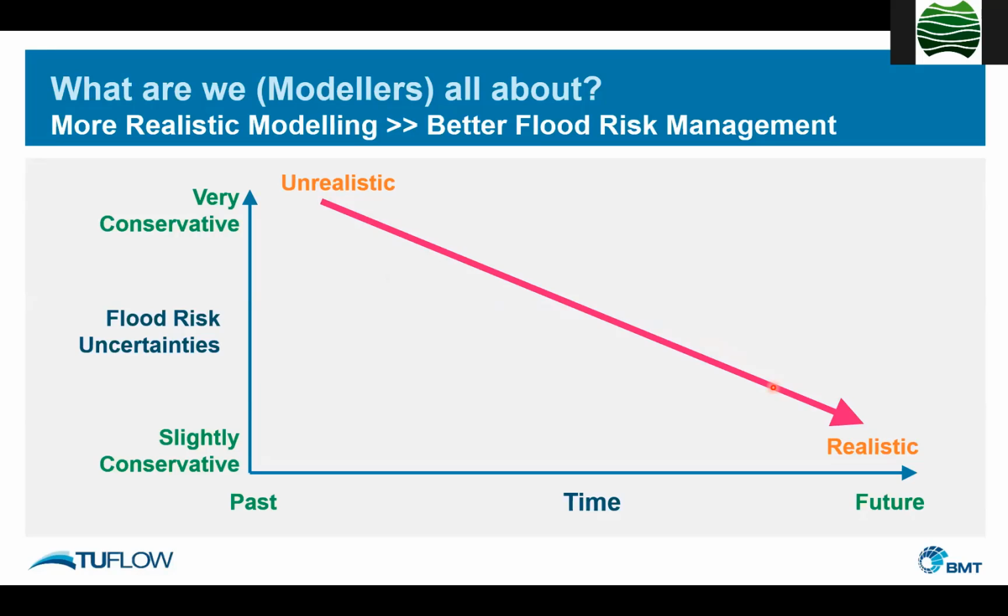So while the previous graph would imply that models, as you get older, get less and less accurate, actually with the amazing data collection we're having today and the speed of computers and also our software, we are heading down towards a more and more realistic path, which means that hopefully we can be less conservative in our decision making when it comes to floods.